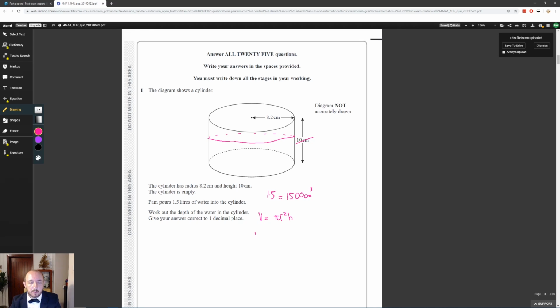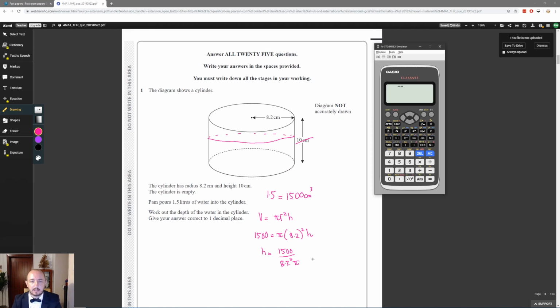So the volume is 1,500, and that's going to be equal to pi multiplied by the radius squared. In this case the radius is 8.2, and our h is the thing that we're going to find out. So we can rearrange this to get 1,500 divided by 8.2 squared pi.